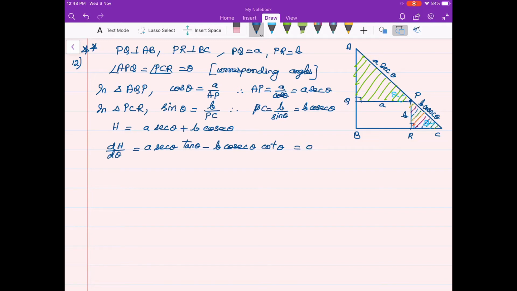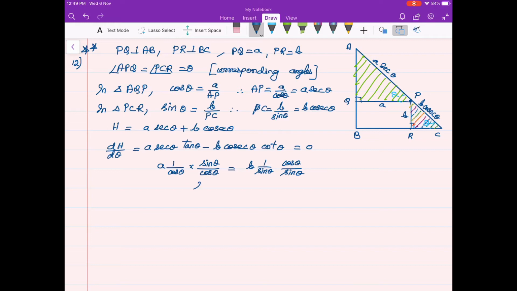Equate the first derivative to 0, and let us change everything in terms of sin and cos. Secant is 1 by cos, tan is sin divided by cos, equal to b times cosecant is 1 by sin theta and cot is cos theta divided by sin theta.